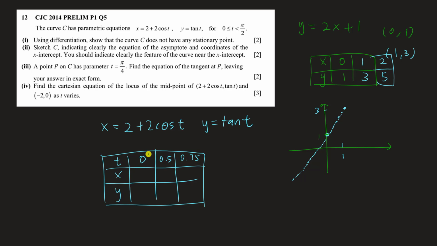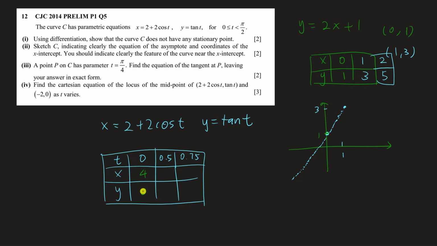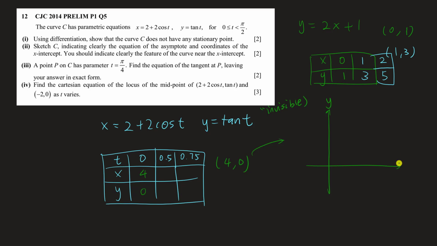Now using these values, I'm going to generate those particular x and y coordinates. So for example here, when t is 0, x will be 2 plus 2 cos 0, which gives us 4. What about y? tan 0 will give us 0. So when t is equal to 0, this point, 4, 0, will appear on our graph. You would not be able to see t. t is sort of invisible on our xy graph, but you will see 4, 0 here.